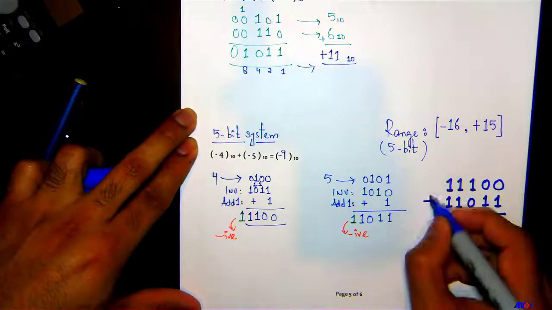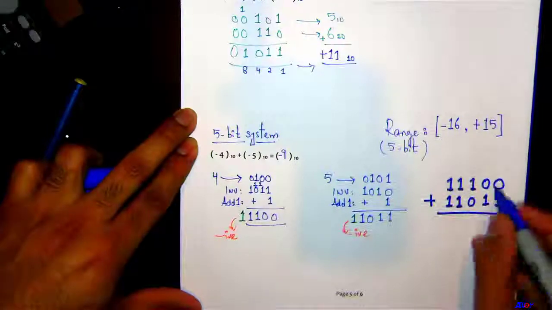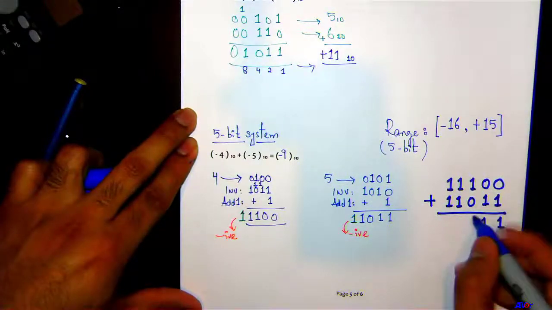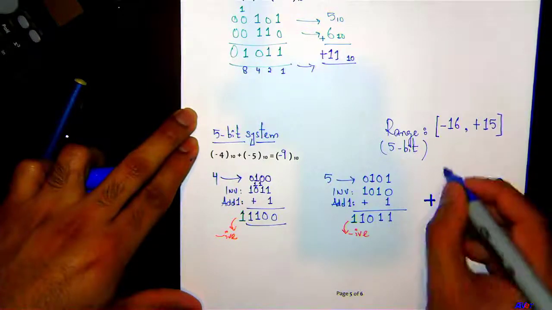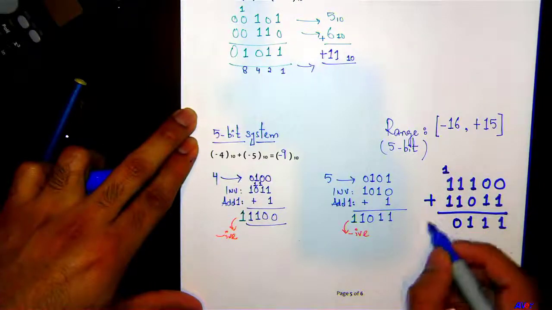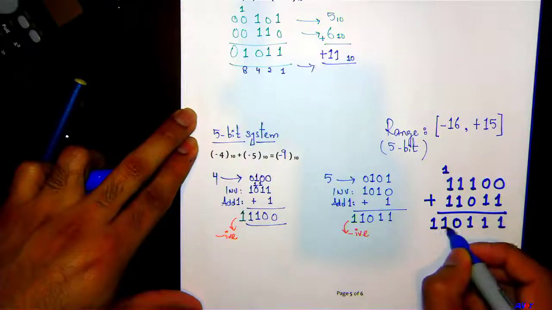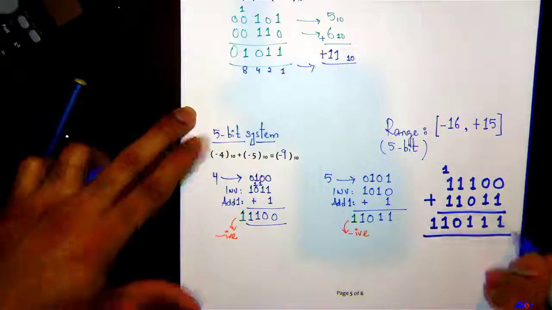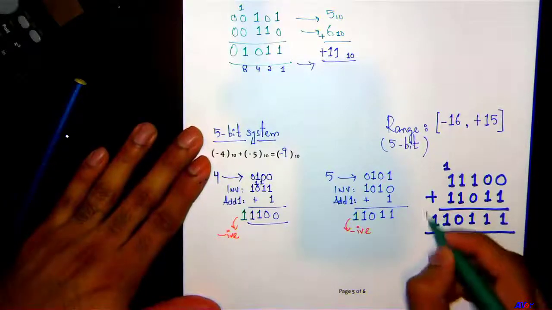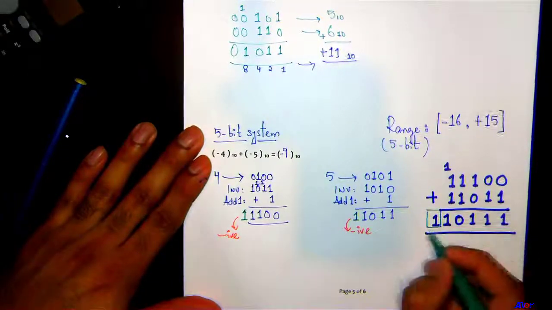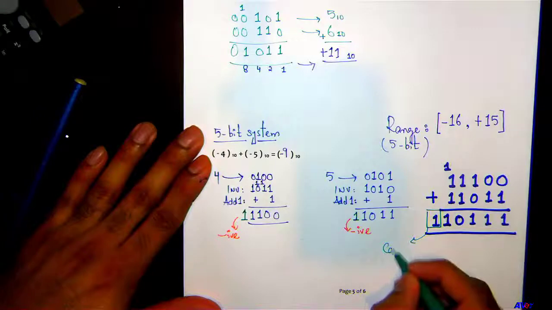Okay. 0 plus 1 is 1. 0 plus 1 is 1. 1 plus 0 is 1. 1 plus 1 is 0, carries 1. And this comes out 1 1. Okay. Now, again, we have a situation here. This is our what? Okay. This is our carry out bit, right?